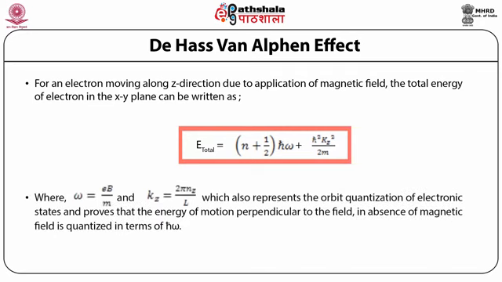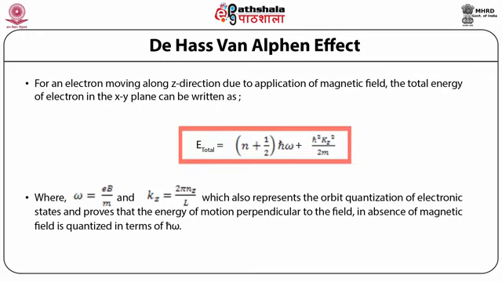So there are two possibilities, one perpendicular direction and the other parallel direction. So E total comes out to be (n plus a half) h cross omega plus h cross squared kz squared by 2m, where omega is eB by m and n is the integer 0, 1, 2, and kz is 2 pi nz by capital L, the permissible values of k, where nz is also 0, plus minus 1, plus minus 2.